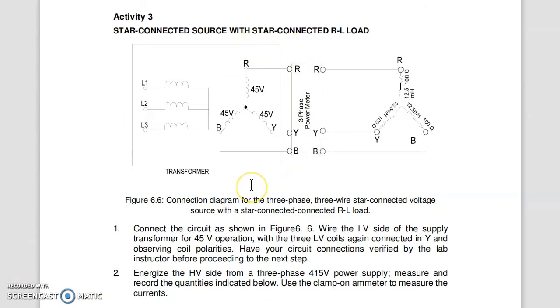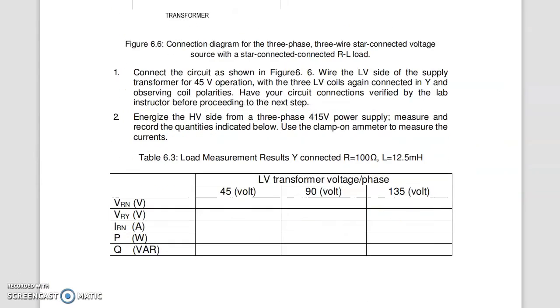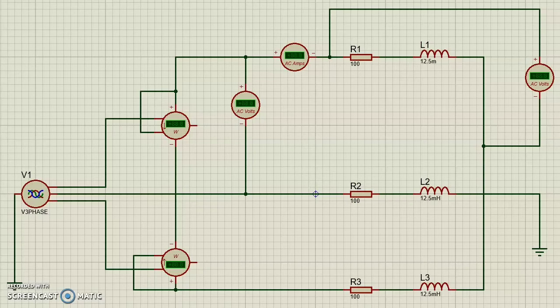Based on activity 3, this is the connection diagram for star-connected sources with star-connected RL load. From here, we need to find the VRN for 55 volt, 90 volt, and 135 volt, VRY, IRN, P, and Q. Firstly, we need to connect all the components based on the circuit diagram.